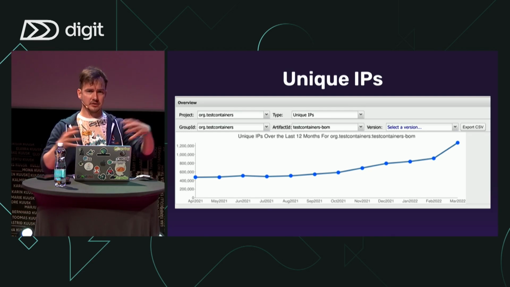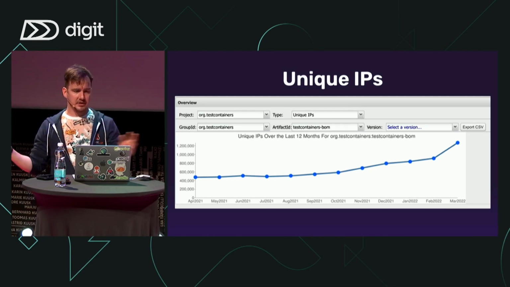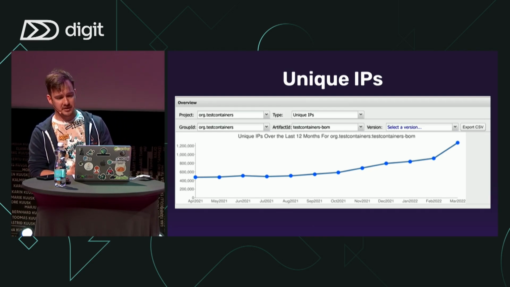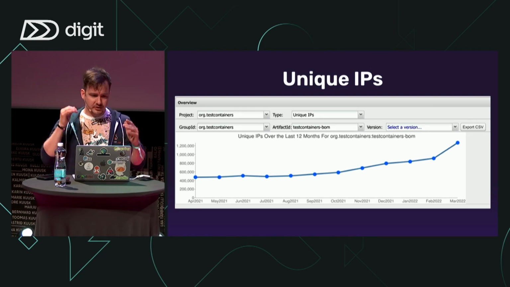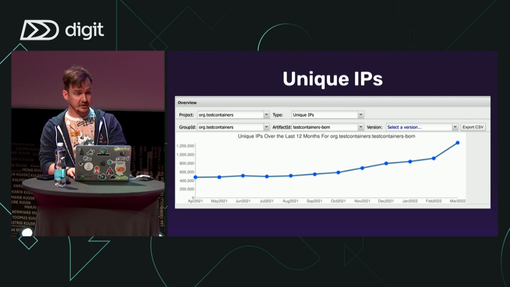And the cloud CIs always have predefined IP ranges, so they cannot contribute that many unique IPs to the computation. Right. So hopefully we'll all agree that Testcontainers is a good project to check out.